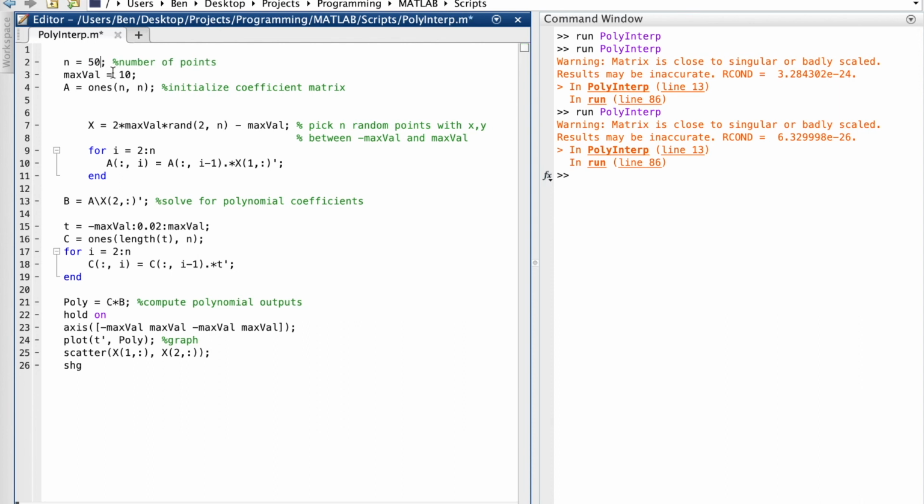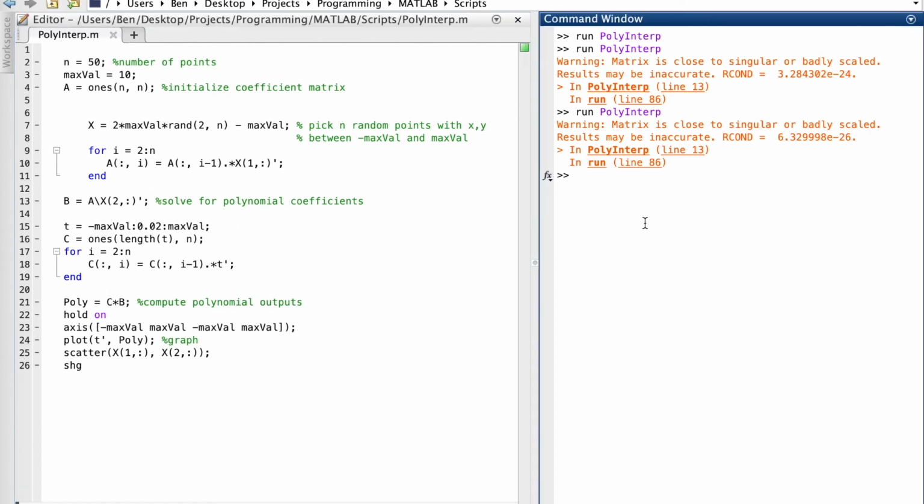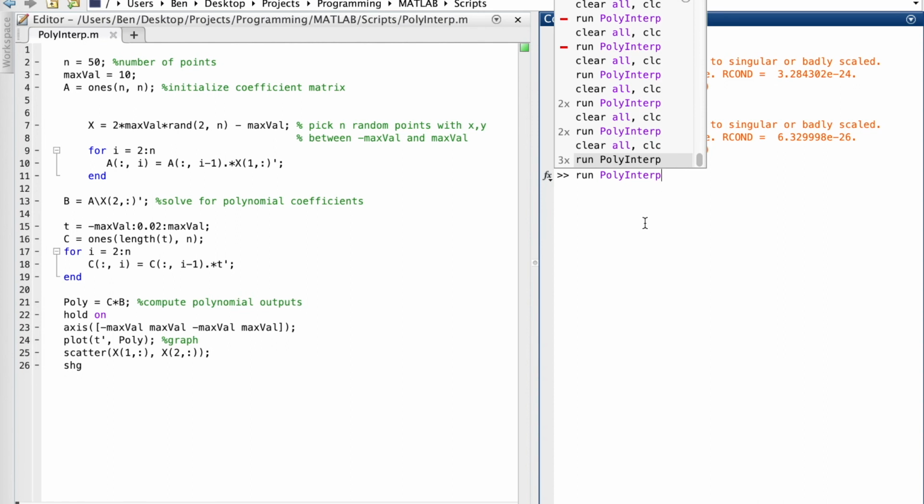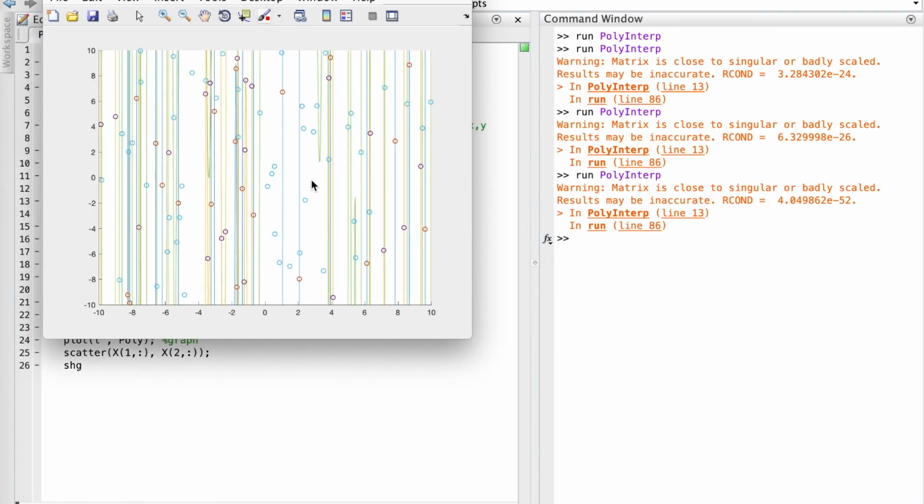So if I plug in n equals 50, you'll see this is not going to work so hot. See, now we see random points in here which the polynomial doesn't even interpolate. It doesn't even go through these points because now our errors have compounded so badly that the polynomial is not even the right answer anymore.